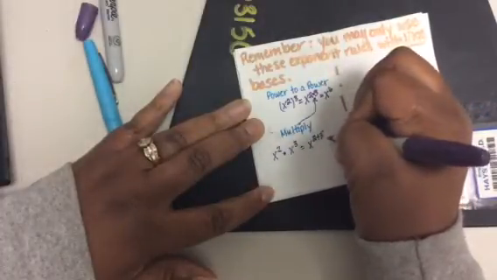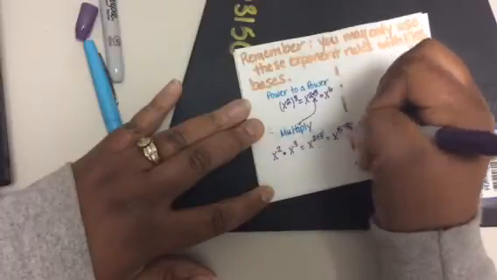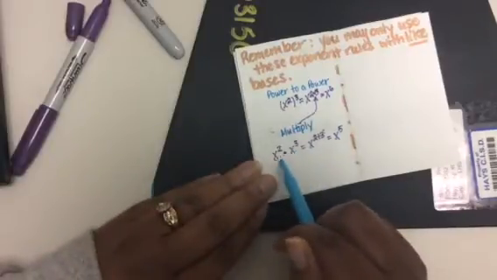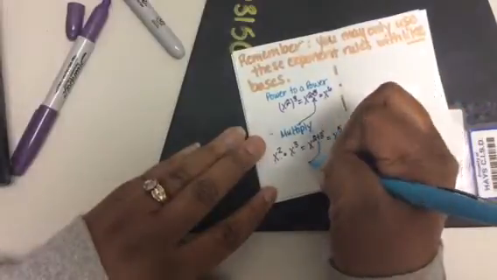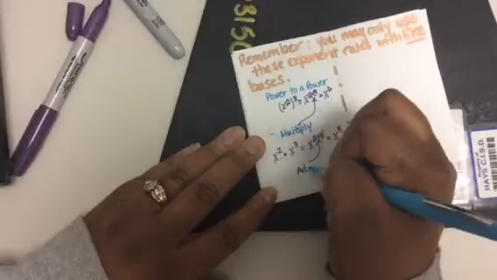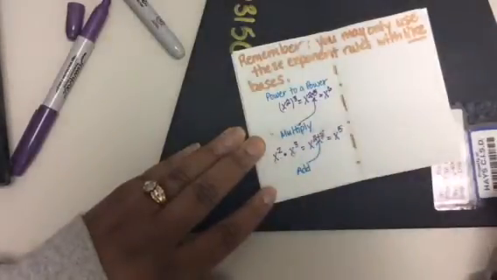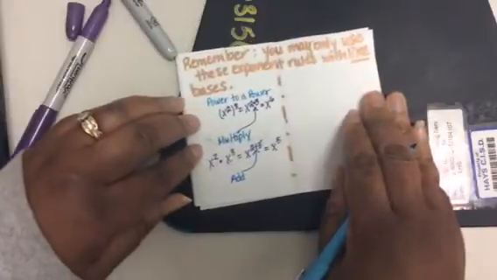What's 2 plus 3? 5. So we have x to the 5th power. So when we multiply the bases, we add the exponents. Okay? Let's go to the other page.